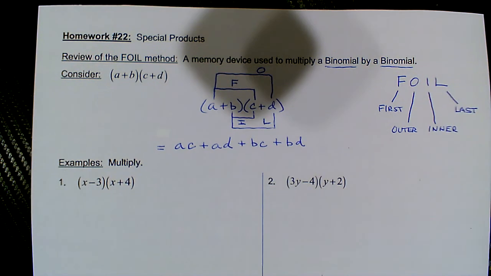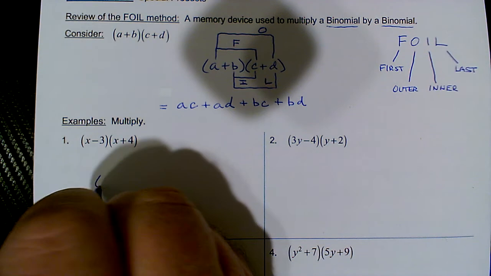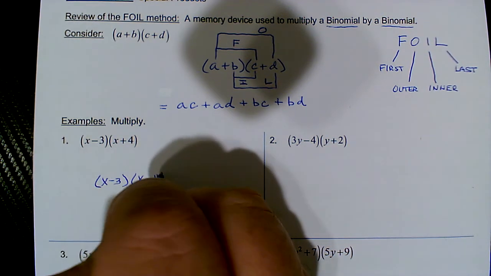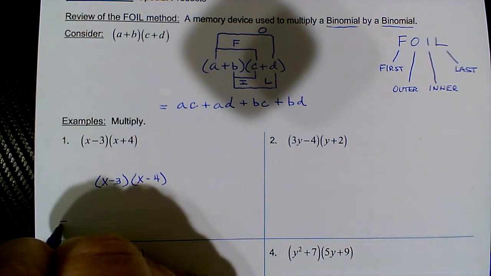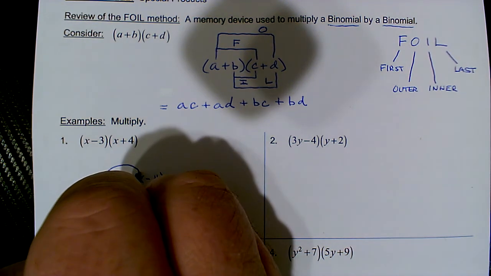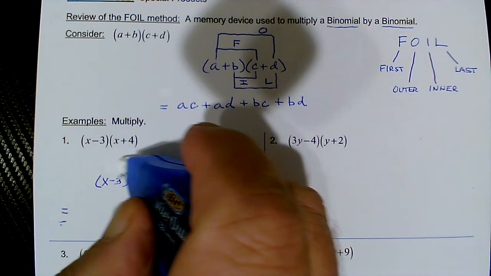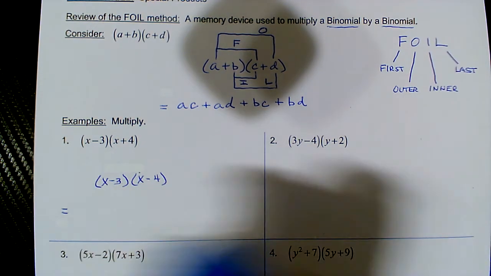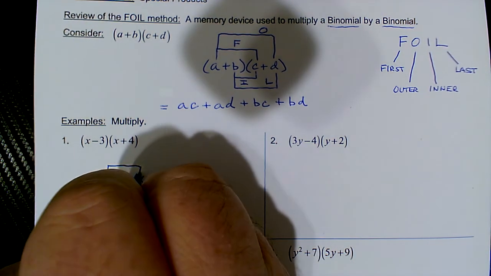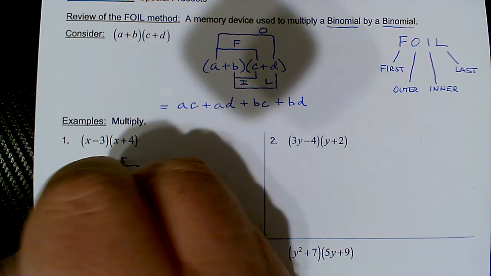So just reviewing that quickly here with some examples. I'll rewrite them. Take the x distributed to the first term, x being multiplied by x, that gives us x squared, and that's our first.